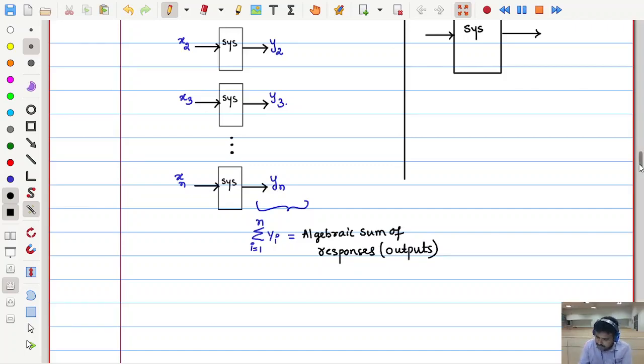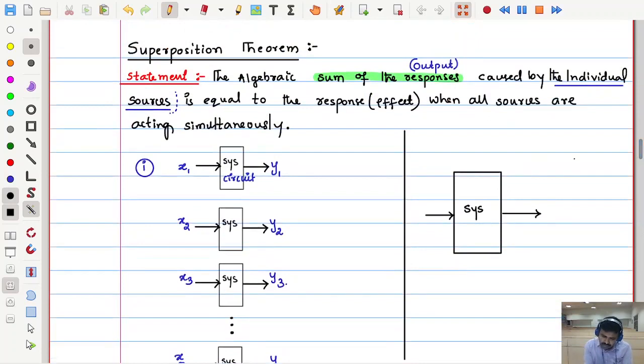Each output is because of a single input. X1 is one input, X2 is another input, which are usually sources. These inputs are sources.